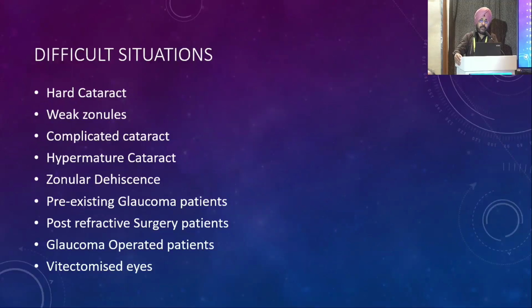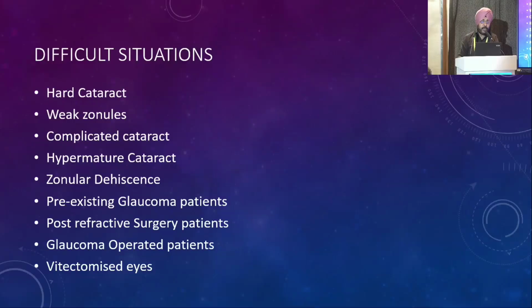And the second, which we routinely encounter, are weak zonules, which can be because of aging or because of any other cause like trauma, old glaucoma, or uveitic cataracts. Then of course complicated cataracts or uveitic cataracts where the pupil is almost constricted, festooned, are very difficult to manage with either phacoemulsification or manual small incision cataract surgery.